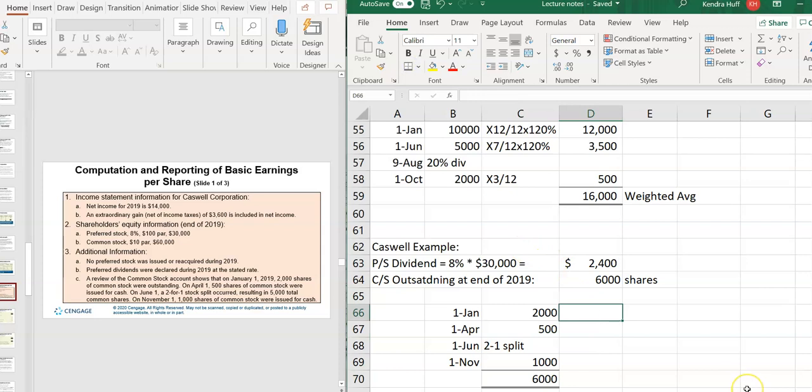All right, for my weighted average, my 2,000 at the beginning is going to be times 12 over 12 and then times 2 because it doubled. Okay, my 500 is going to be April, May, June, July, August, September, October, November, December. 9 over 12 and then times 2 because it was outstanding before the stock split. And then my 1,000 is just going to be times 2 over 12.